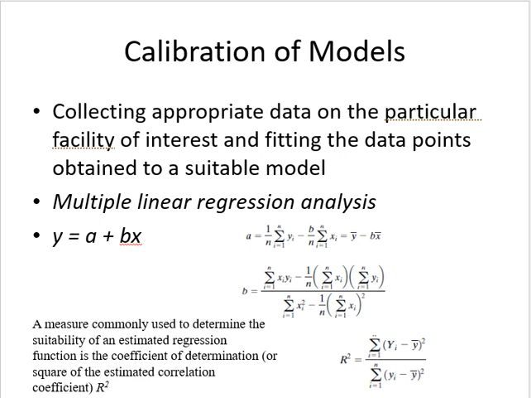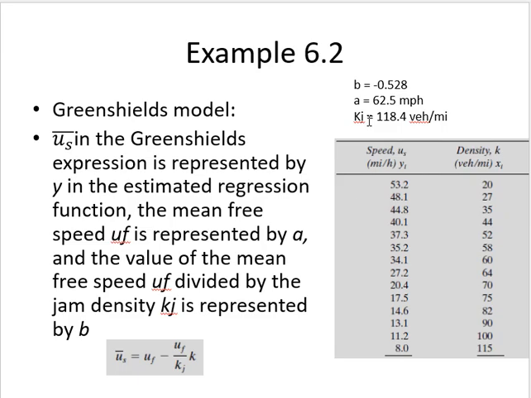Okay, give it to me. What was the US, this one, 53.2? Already calculated. It's the actual observed. This is small y. So for each value of k, I need a value of capital Y.